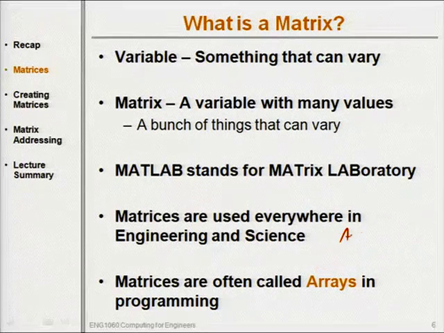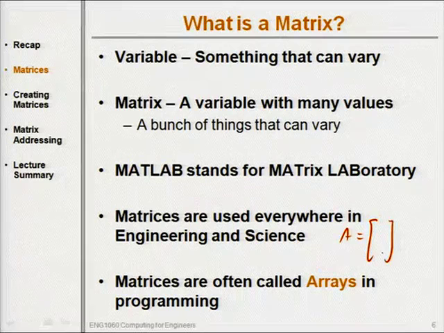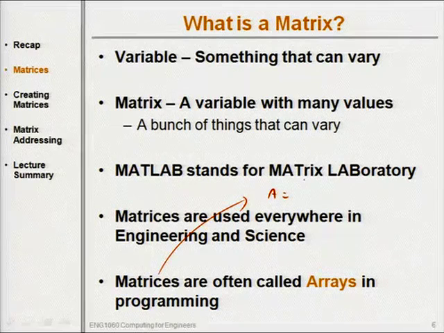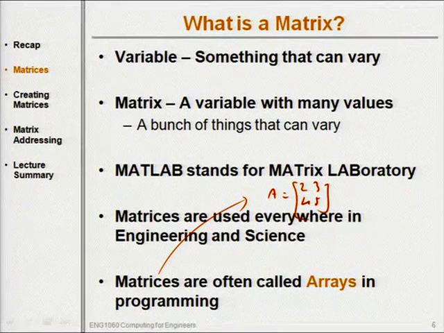One-dimensional will also be A equals one column and multiple rows. A matrix will be multiple rows and multiple columns. For example, that's a 2 by 2 matrix.